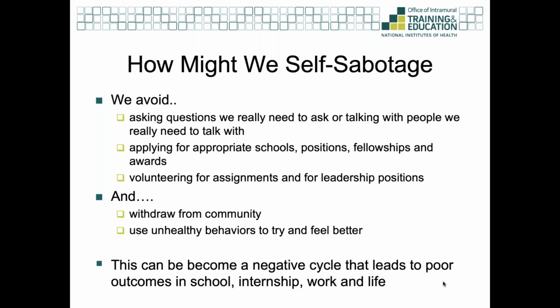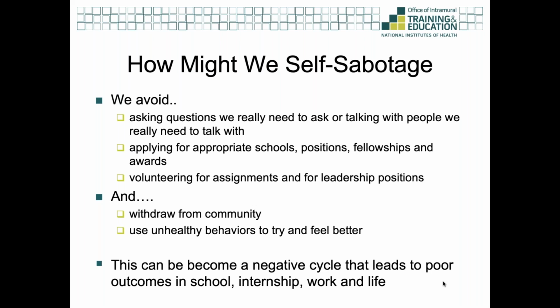Because if we don't ask for help, we don't get help. If we don't apply to things, we don't have those opportunities. And if we don't put ourselves out there for assignments, for leadership positions, for opportunities, then there's no growth and learning. That's all self-sabotaging behavior.